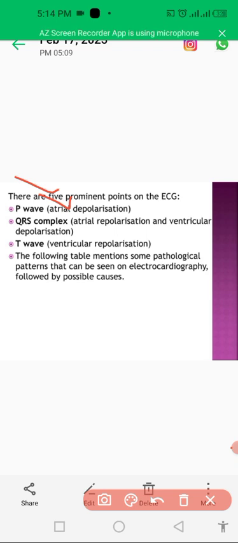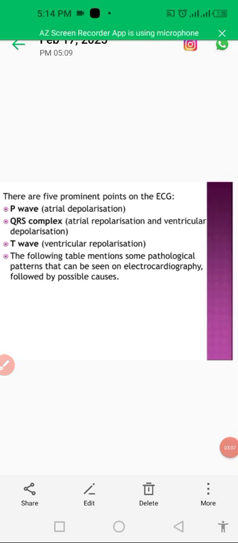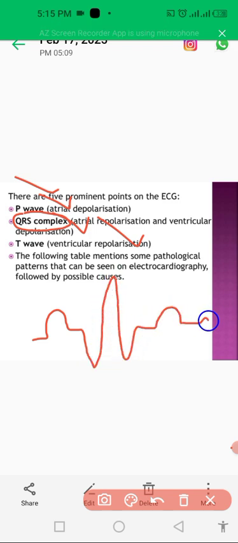When the atria get depolarized, they contract and the heart pumps blood into the ventricle, then the QRS complex is formed for ventricular depolarization, and ventricular depolarization is represented with the QRS complex, meaning the ventricles are going to be contracting. Then the T wave is formed when the ventricles are relaxed and repolarized. In this way the whole ECG is formed as P, Q, R, S, T wave, and sometimes a U wave is also present. Now this is a normal ECG.